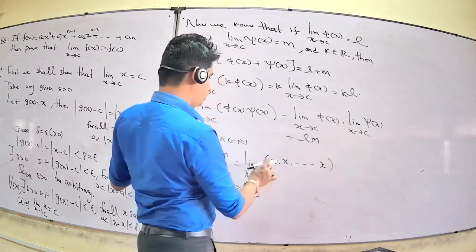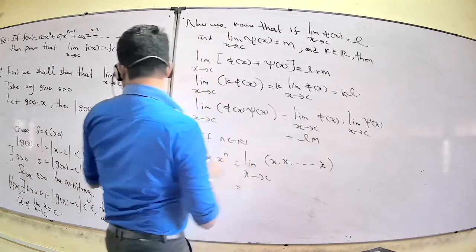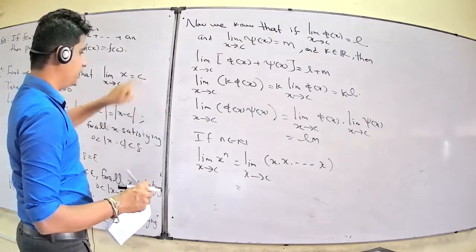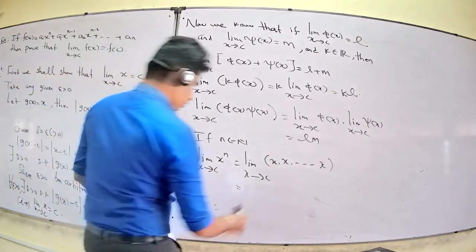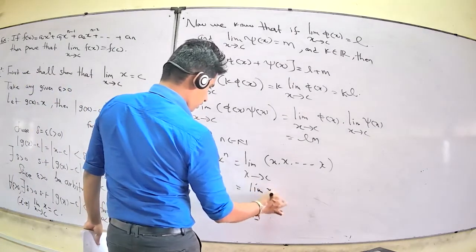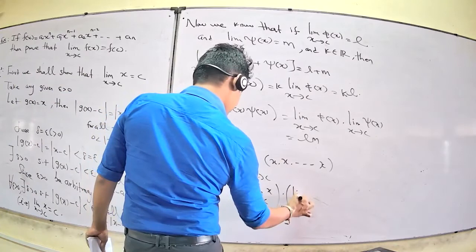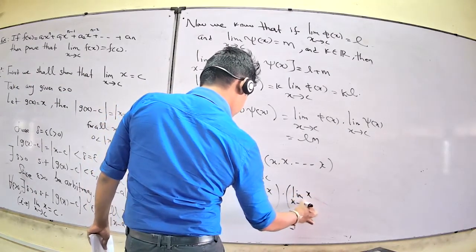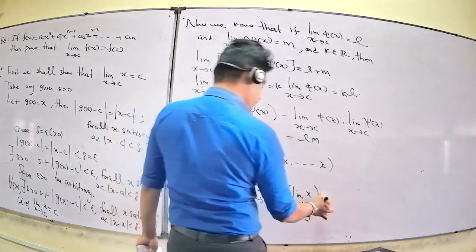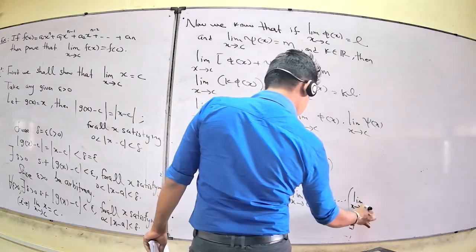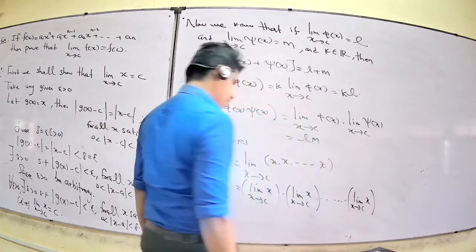Therefore here, x tends to c of x. What is the limit? The limit of x as x tends to c equals c. Therefore, this is one of the limits, and this is another limit.